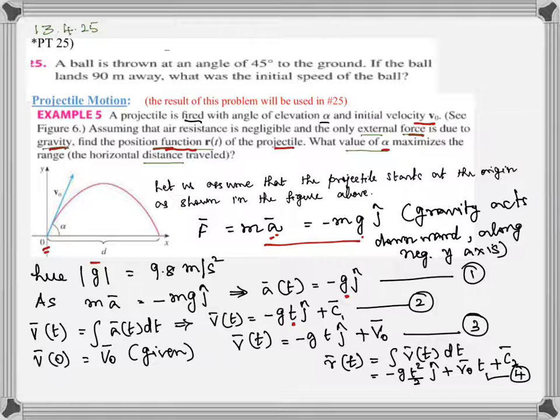So we will use the initial condition. We assumed that the projectile starts at the origin. So r of 0 equals 0. The projectile starts at the origin, so this means that r of 0 equals the 0 vector.